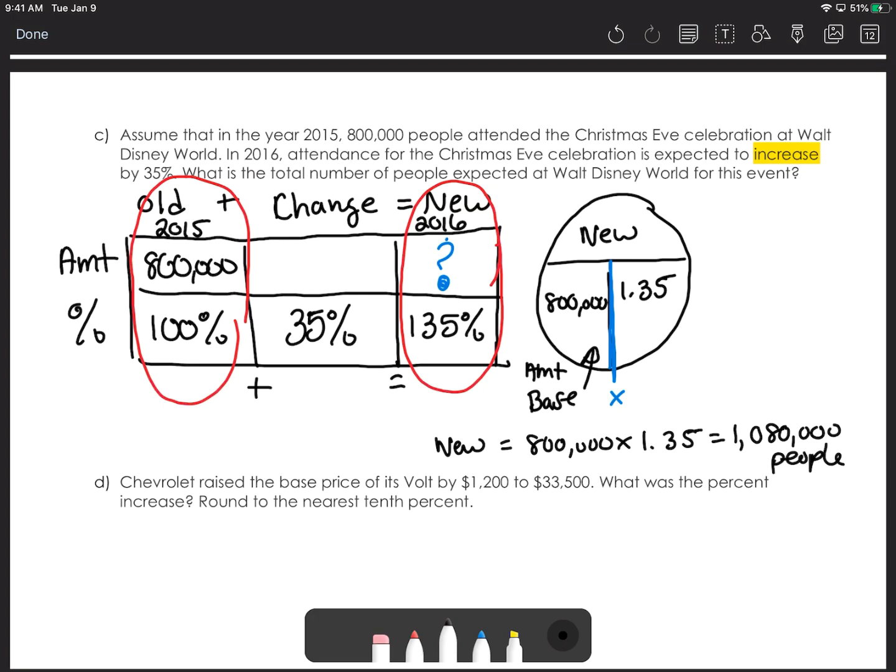So in 2015, there were 800,000 people. Then there was a 35% increase, so that in 2016, we have 1,080,000 people. Now, if we want to see the amount of the change in addition to that, we can just subtract the new and the old value to find the difference.